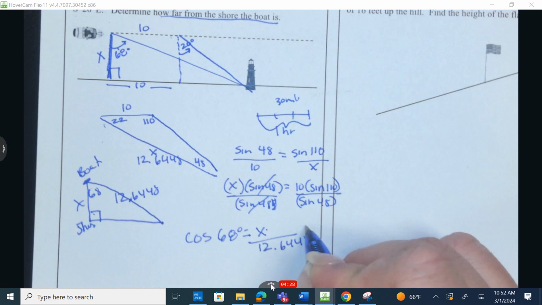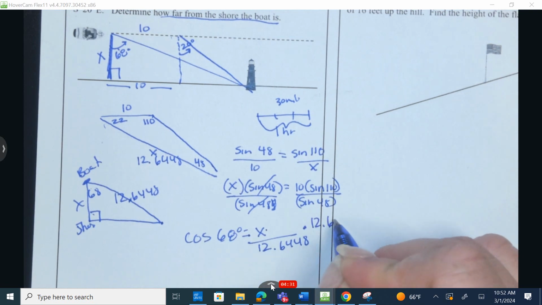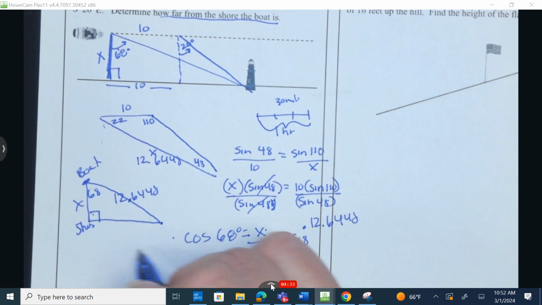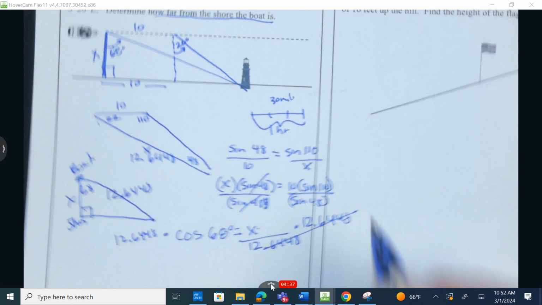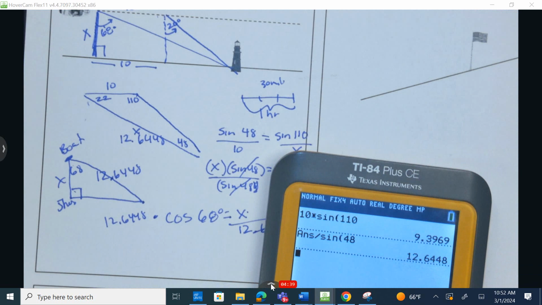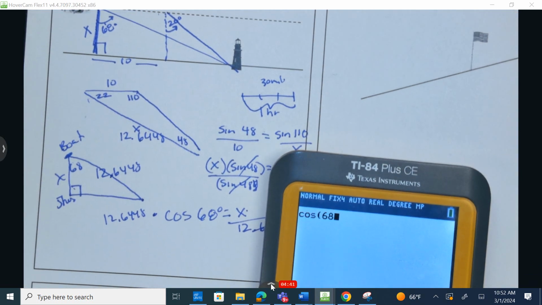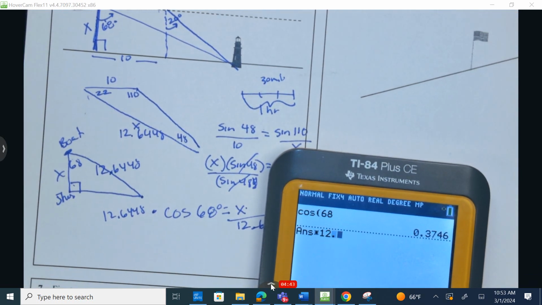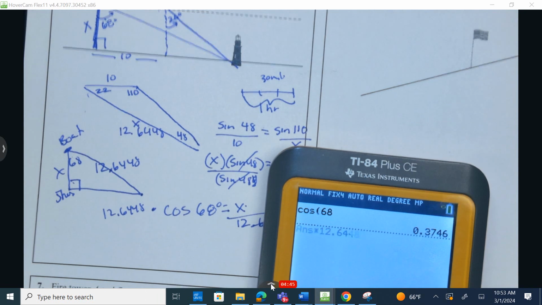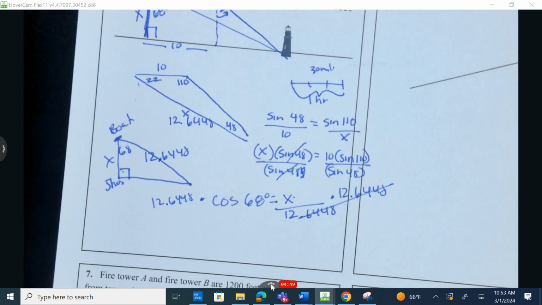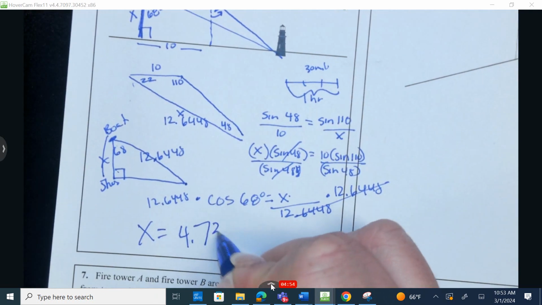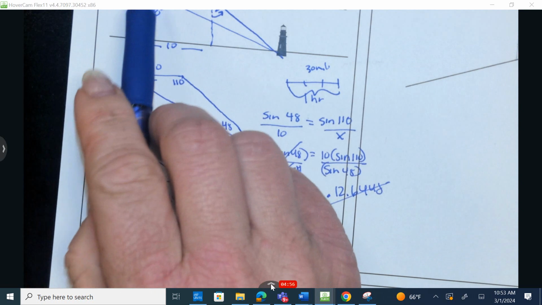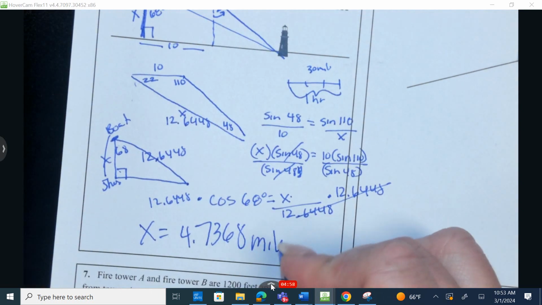And now to solve for x, I'm going to multiply by 12.6448. Cosine of 68 times 12.6448, then I end up with 4.7368. So this distance back to the shore is 4.7368, and it's going to be measured in miles.